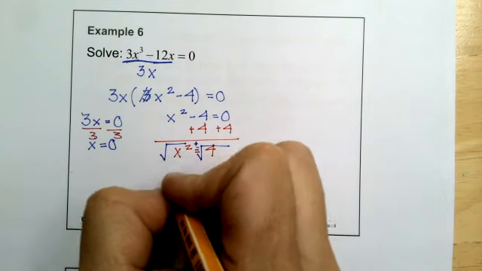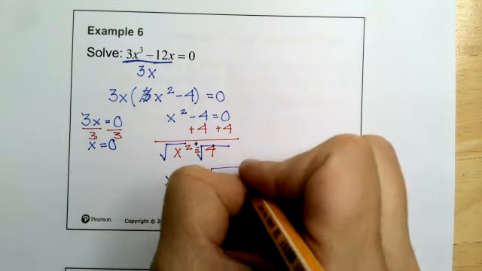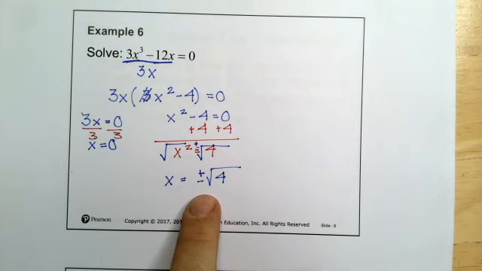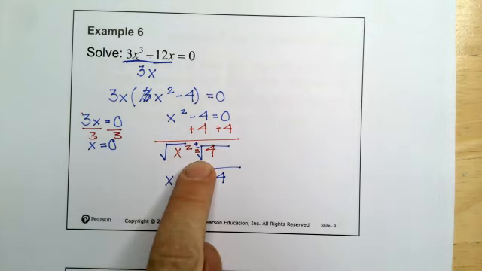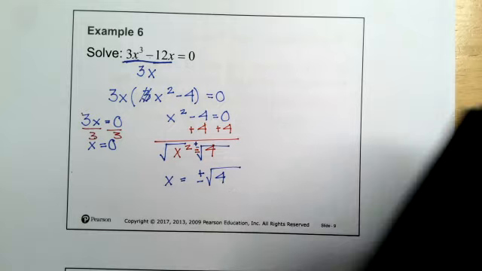So the square root of x squared leaves you with x, plus and minus the square root of 4 is your answer over here. Because anytime you take the square root, there are two different numbers that if you multiply them by themselves, they'll give you a positive 4, right?